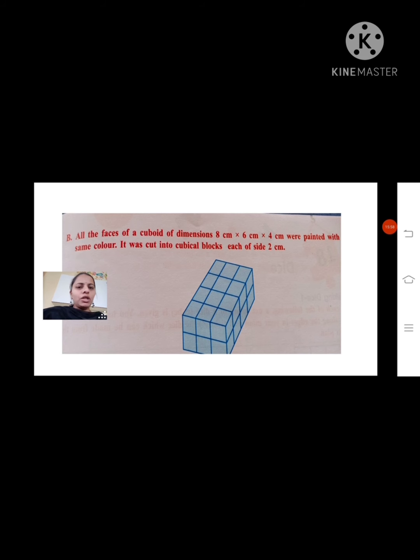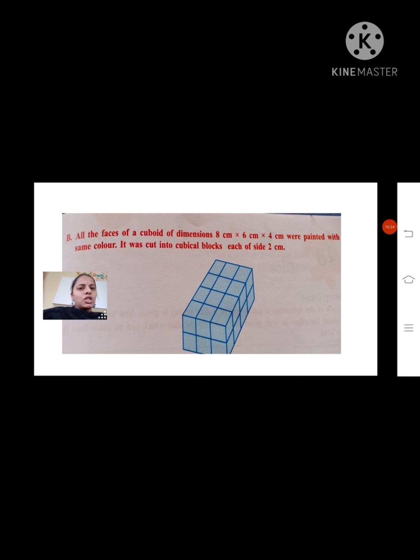Which side is long, we can consider as 8 centimeter. Which side is a little shorter, we can consider as 6 centimeter. And which side is less than 6 centimeter, we can consider as 4 centimeter.